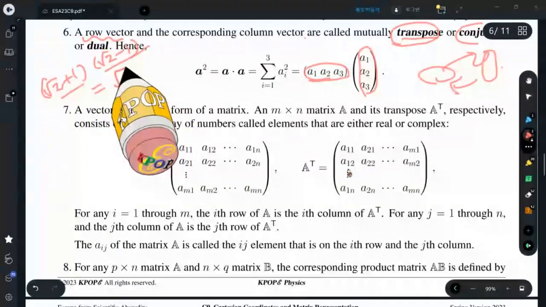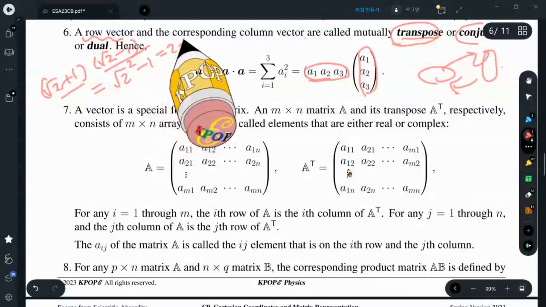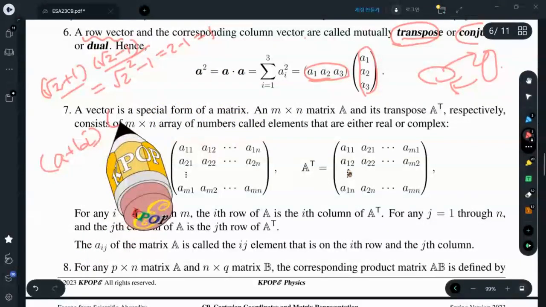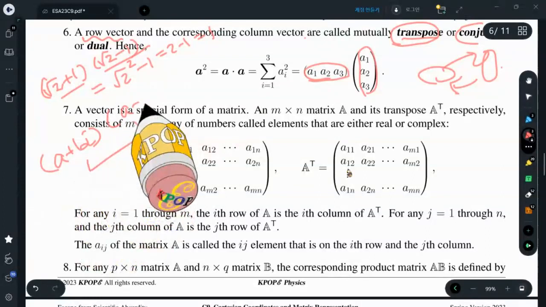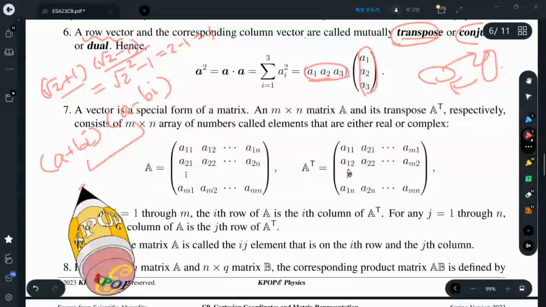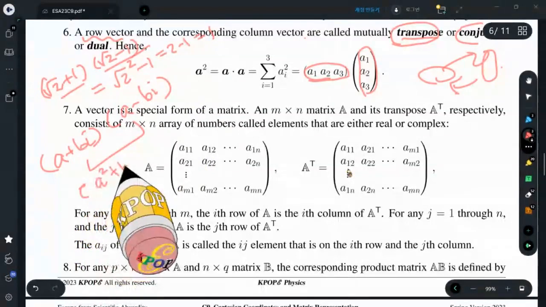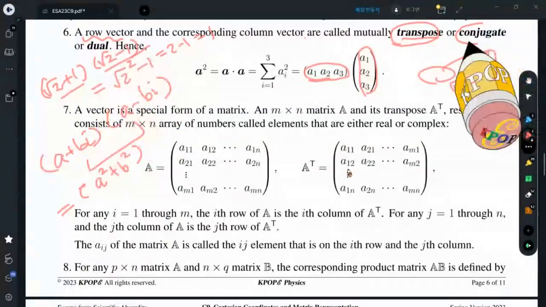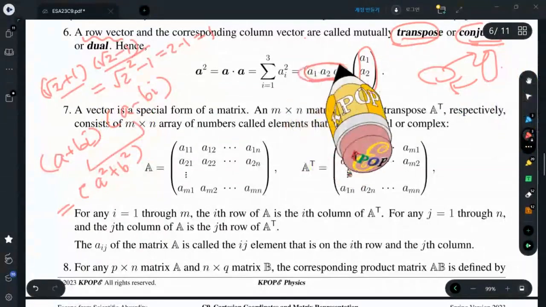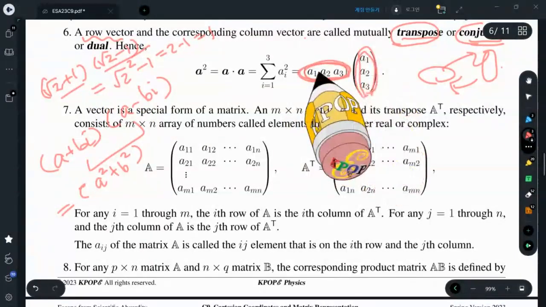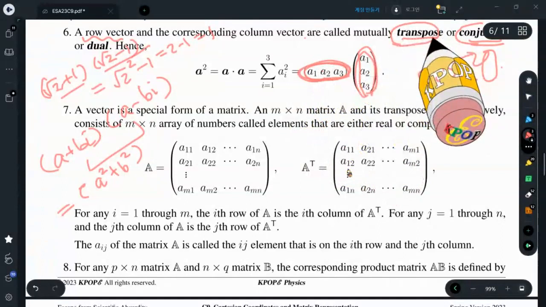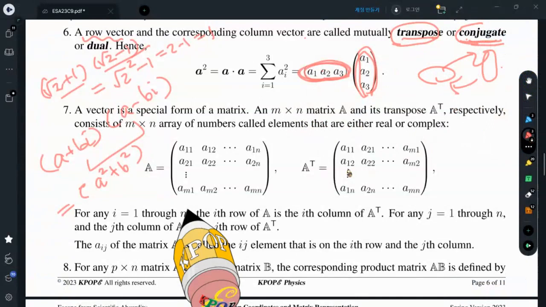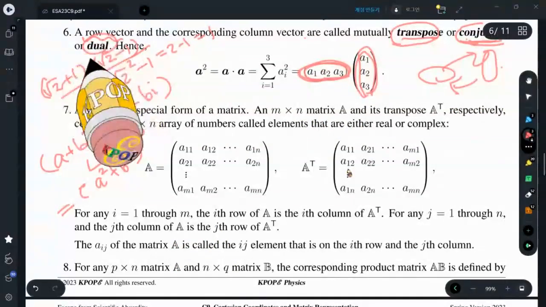If I multiply them, the square root of 2 squared minus 1, 2 minus 1, equals 1. A plus bi and its conjugate are a pair. If I multiply them, I have a squared plus b squared, something like that. These kinds of pairs are usually called conjugate. So this row and column are mutually transposed and they are conjugate. We also say they are dual. They are equivalent.